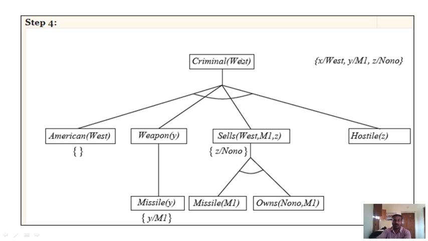This is the goal, and we start from the goal and move in the backward direction. So this is a simple example for backward direction. But in the previous concepts, we started from the starting place: American, so who is West, like that, and from there we proved that Colonel West is a criminal. We stopped at this stage. So that is forward chaining, and this is backward chaining.